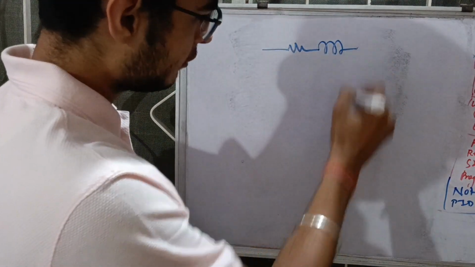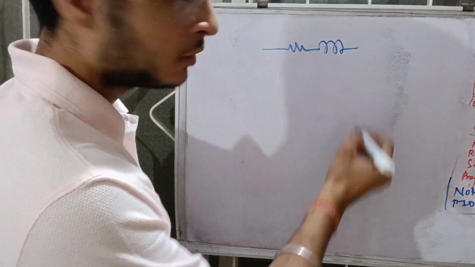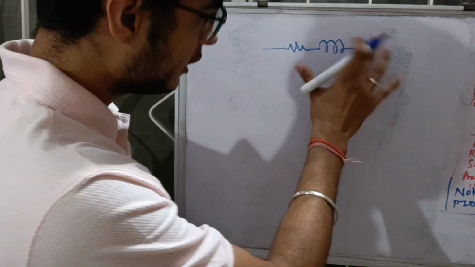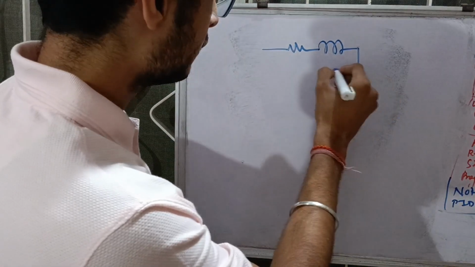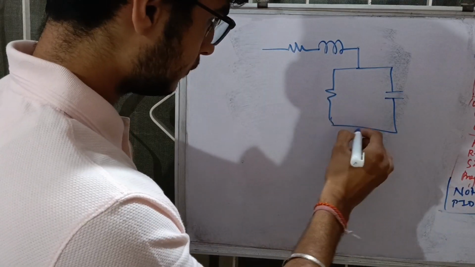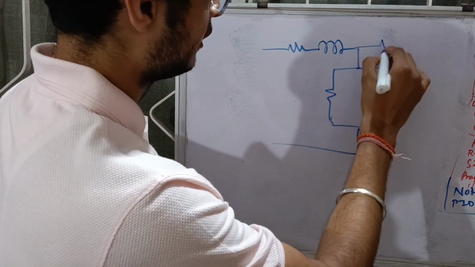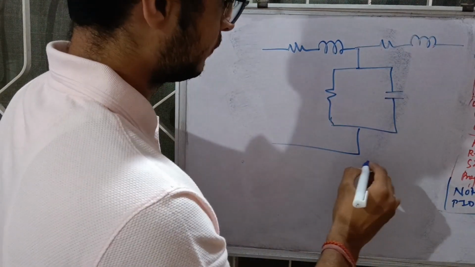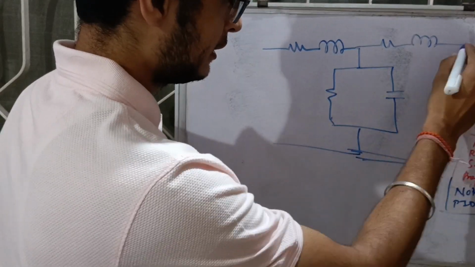Then we have one more inductance. We also have capacitance here, and resistance here, and then this pattern continues, and this is the output.